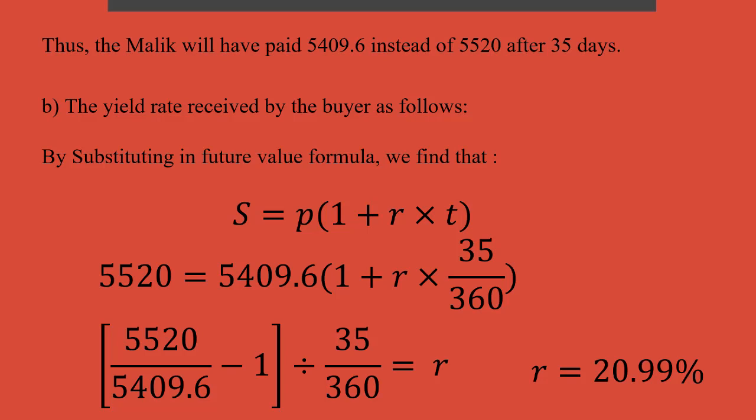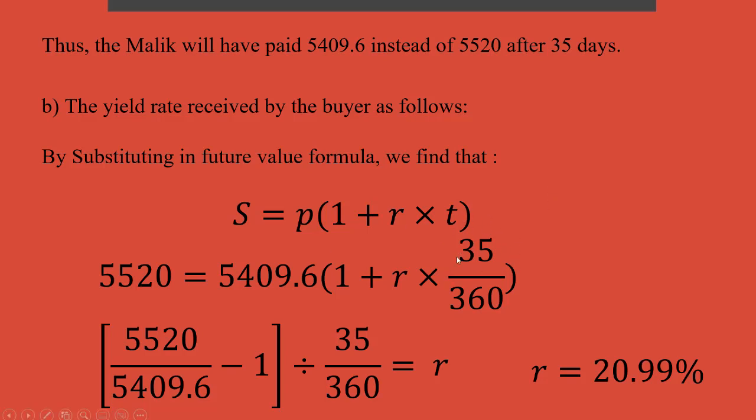Note that P is the money that he paid on the 10th day, and 5,520 is the money that would be due after 35 days if he doesn't pay on the 10th day.